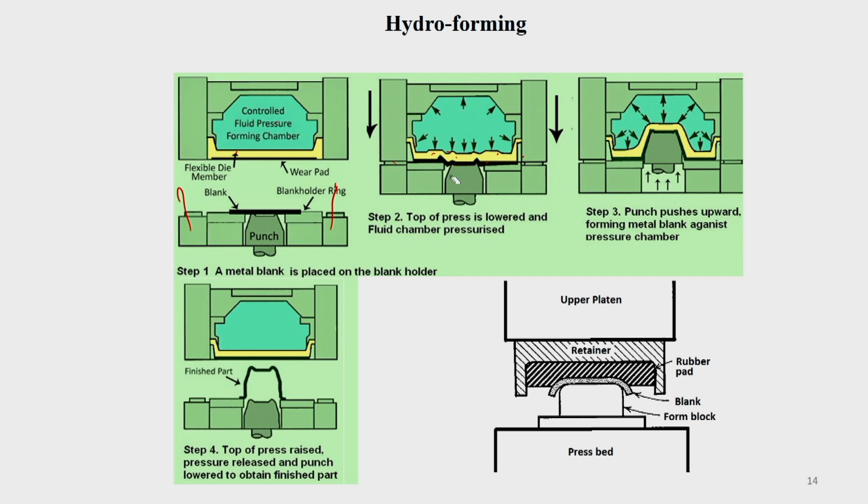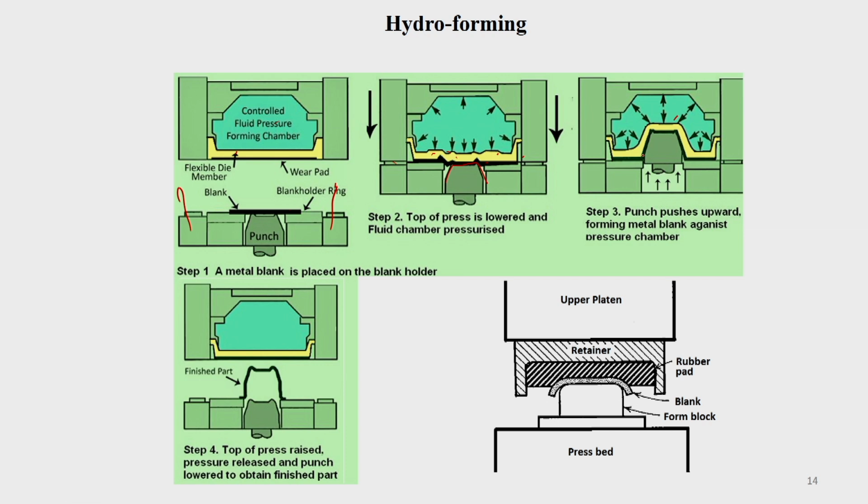You fill it with high pressure, and the punch has the shape you want. The punch moves up, and this flexible pad, which is rubber, will elongate, no problem, but the fluid pressure will exert a hydrostatic stress equally in all directions.